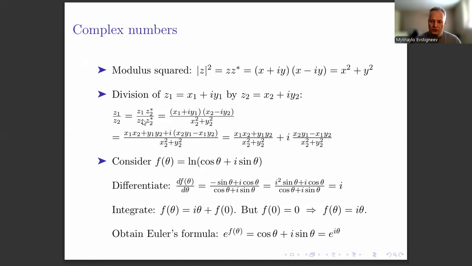Then in the denominator, you will get a real number, x2 squared plus y2 squared. And in the numerator, you get a product of two complex numbers, x1 plus i y1 and x2 minus i y2, the complex conjugate of z2.